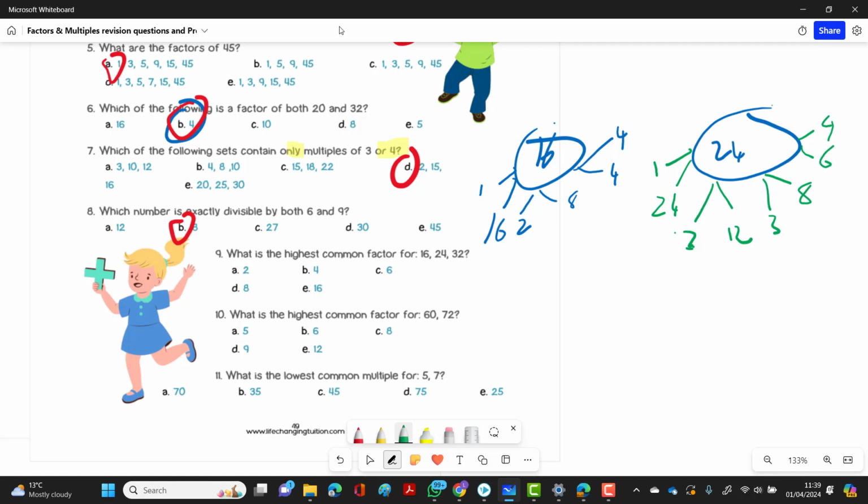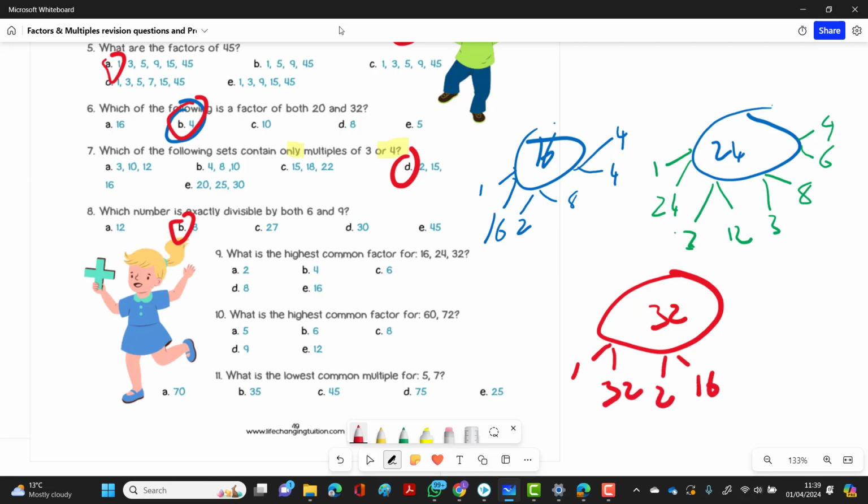And let's do the last one, 32. 1 and 32, 2 and 16, 4 and 8. I think that's it. So the highest number that goes into all of them looks like it's 8.